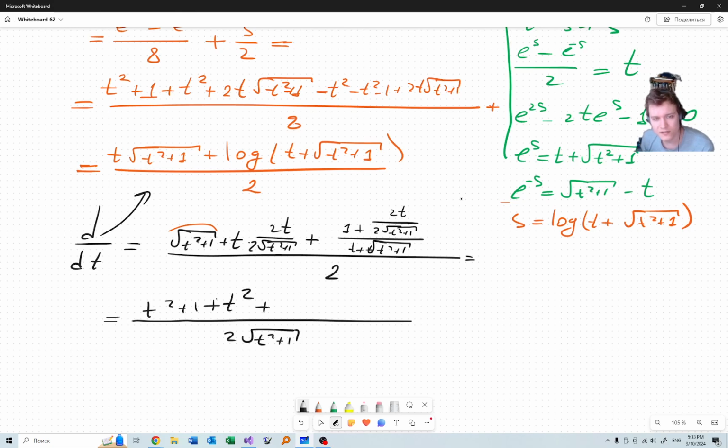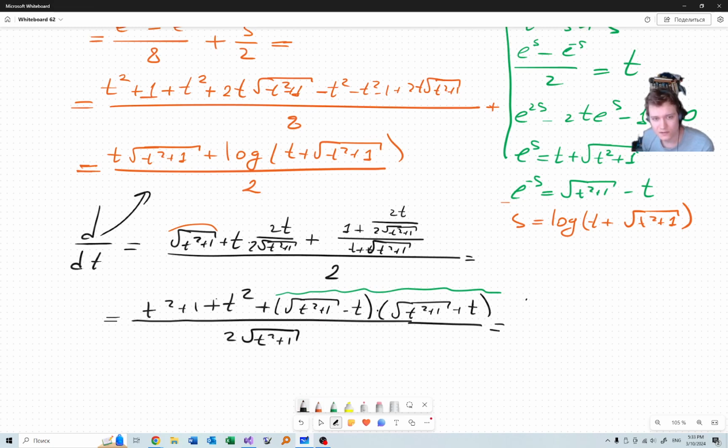Then this becomes t squared plus 1 minus t times t, not 2t, but t. t squared plus 1 plus t. And now we can easily see that it is just 1.